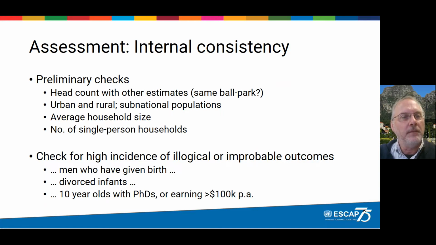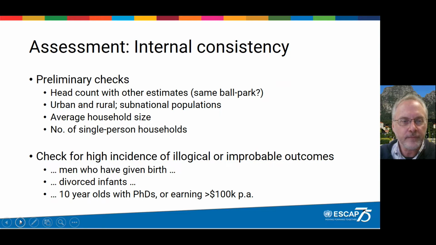You might want to compare the average household size in your data with that from another data source in order to make sure that you haven't missed out either very large or very small households in your data. And you might want to make sure particularly that the number of single person households is consistent with previous data, because single person households are usually the most easily missed in data collection exercises if there's only one person resident in the household.